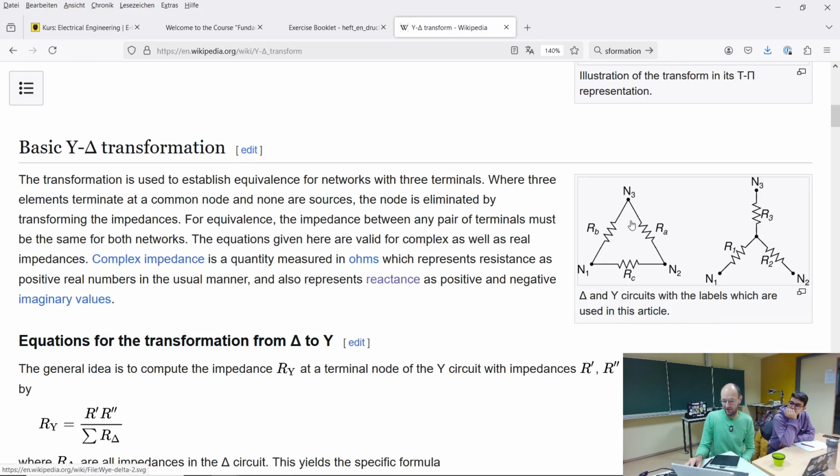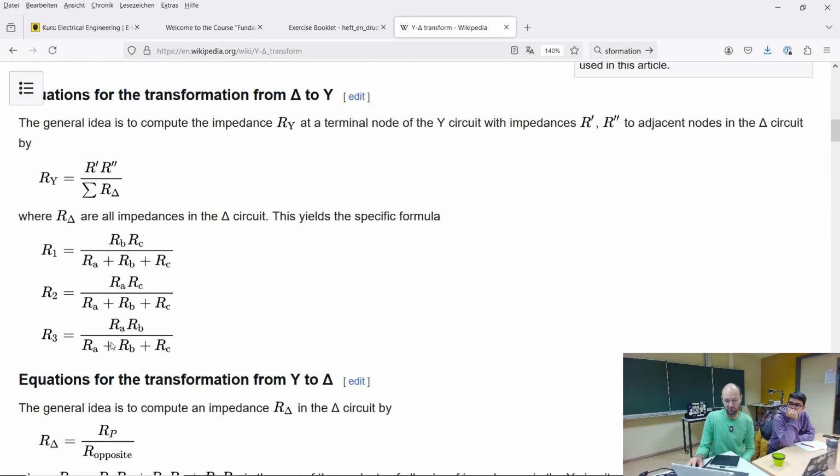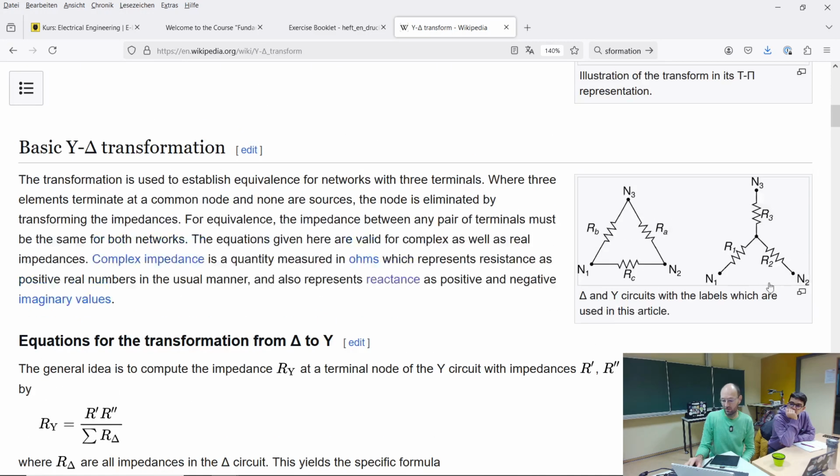And yeah, so now you need to check the notation inside the star. They are labeled as 1, 2, and 3, the resistors, in here A, B, C. And so we need to have this formula where we from the RABC calculate R1, 2, 3. And so R1 is the resistor here that is connected to node 1.